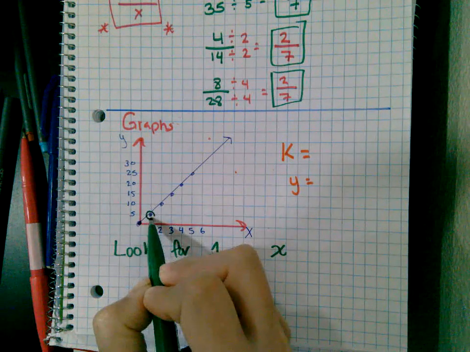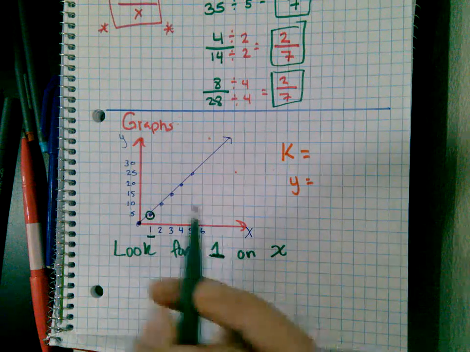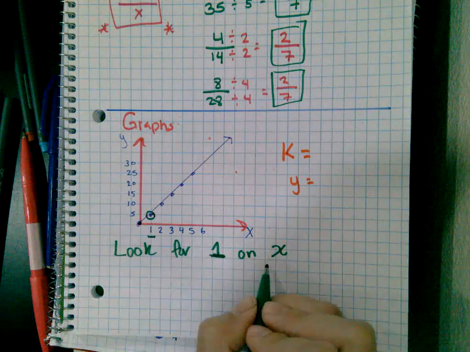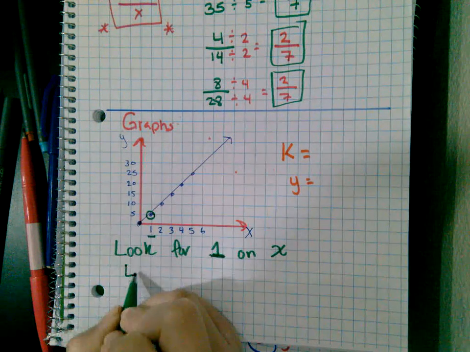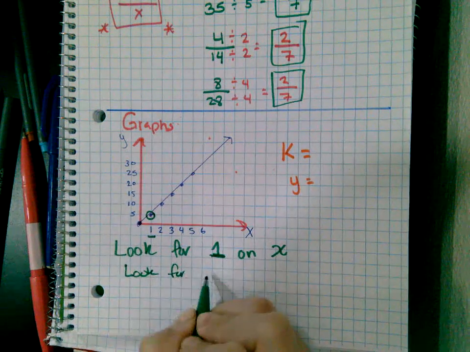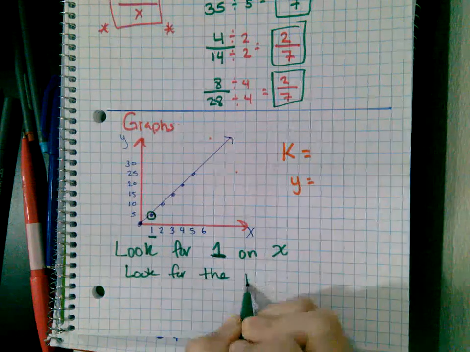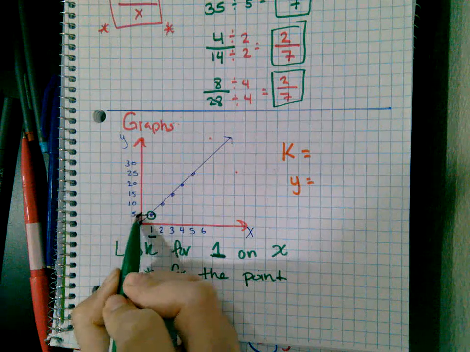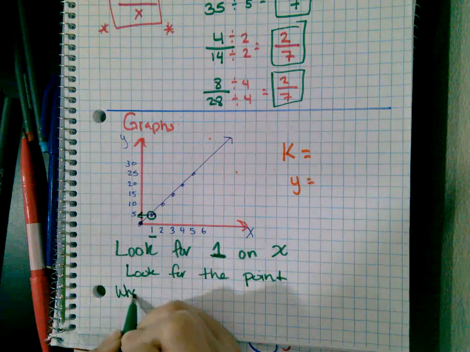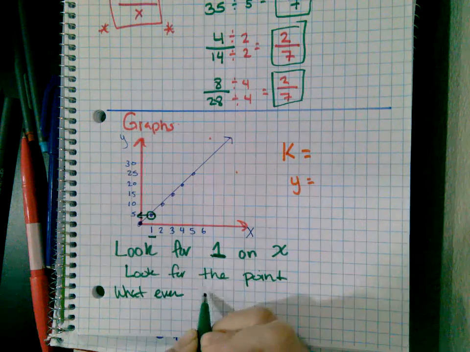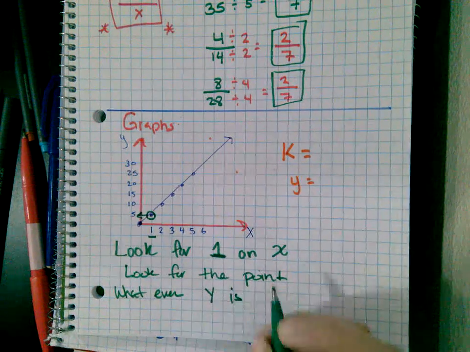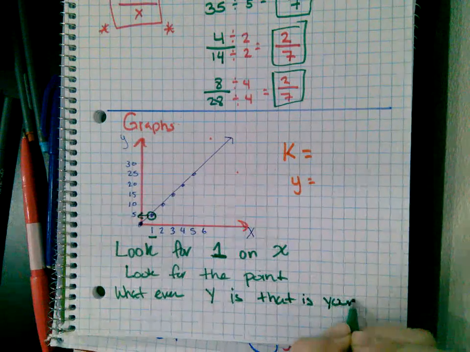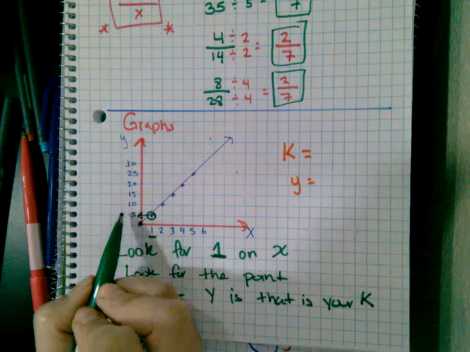Here's the dot. Okay? Now, look for X on 1. Look for the point. It's called a point, not a dot. Okay? Then, whatever Y is, that is your K.